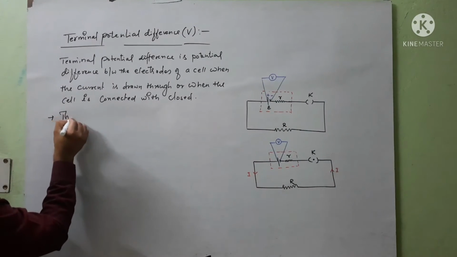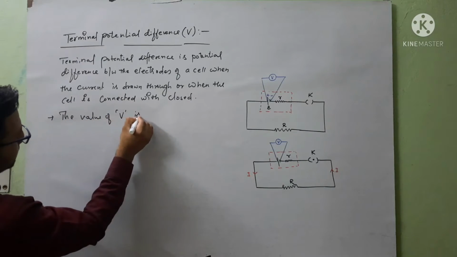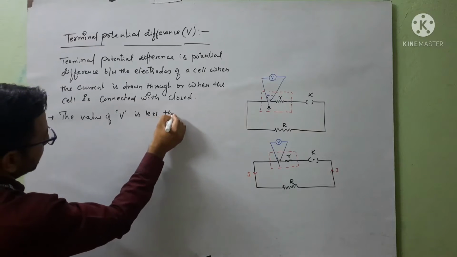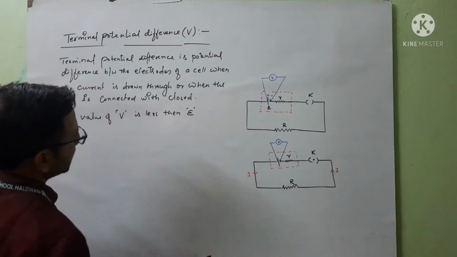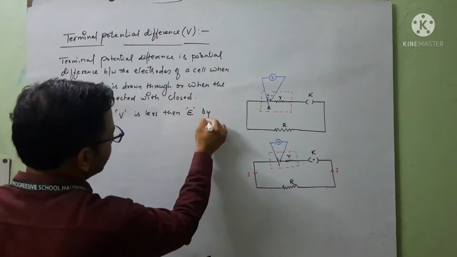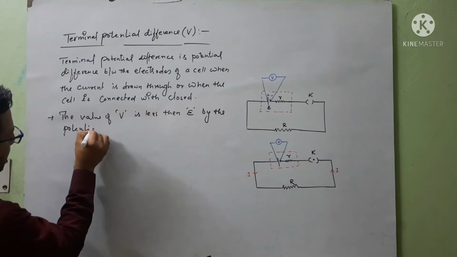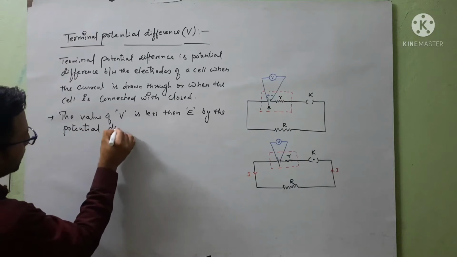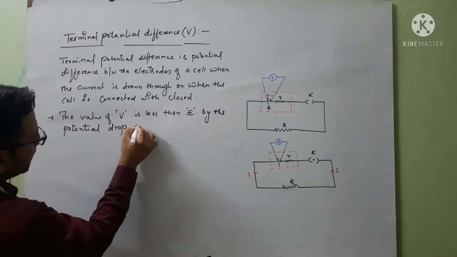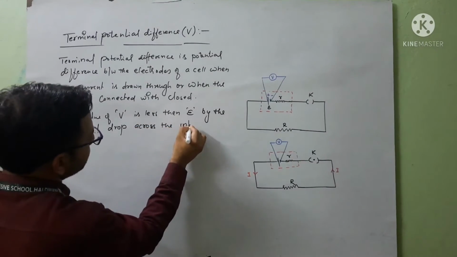The value of V is less than the EMF of the cell epsilon by the potential drop across the internal resistance.